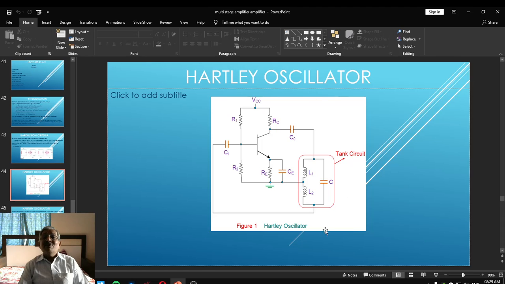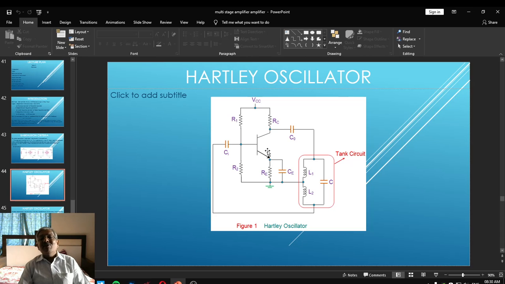Now, how are oscillations going to be generated? That's what we can call the working of the Hartley oscillator. Friends, as VCC is provided to the amplifier circuitry formed by the BJT, its operating point allows base current to pass through the BJT by using R1 and R2.